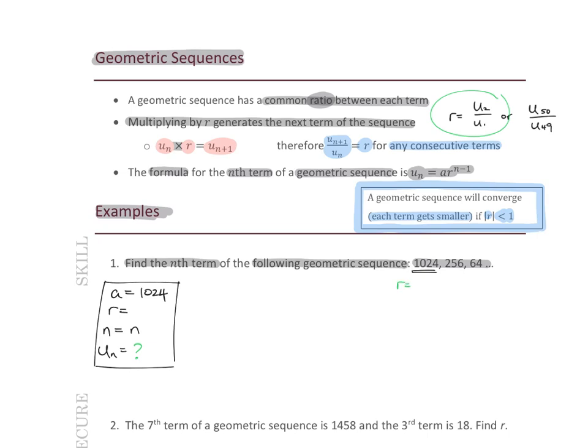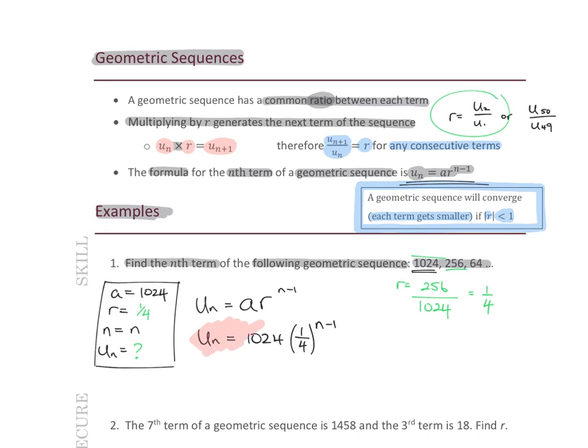So r equals u2 divided by u1, and that equals a quarter. So that goes in here. So therefore, the nth term, using that formula here, un equals ar to the n minus 1. So the nth term formula is a times by r to the power of n minus 1. And that is my answer there.